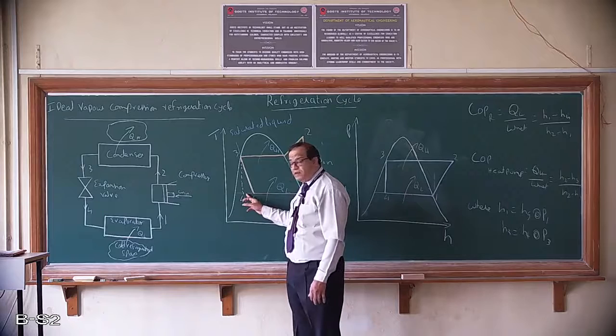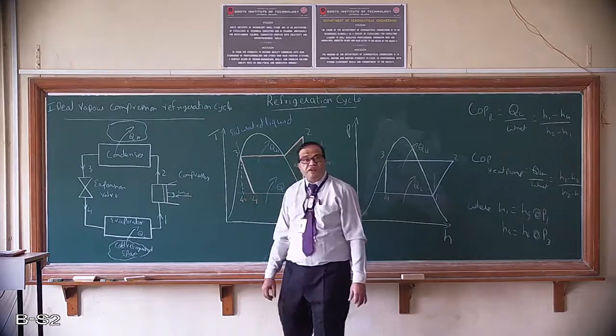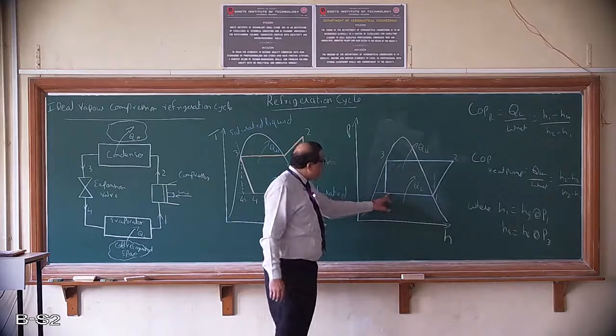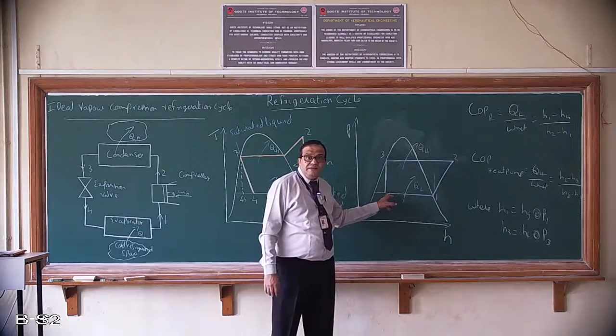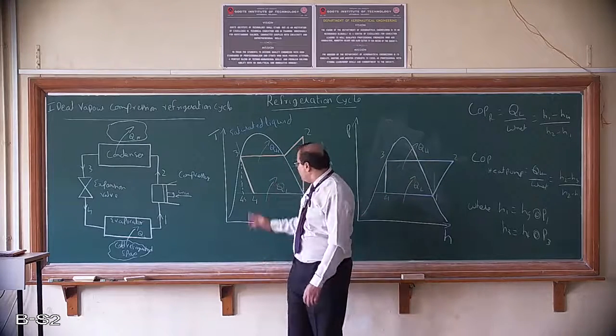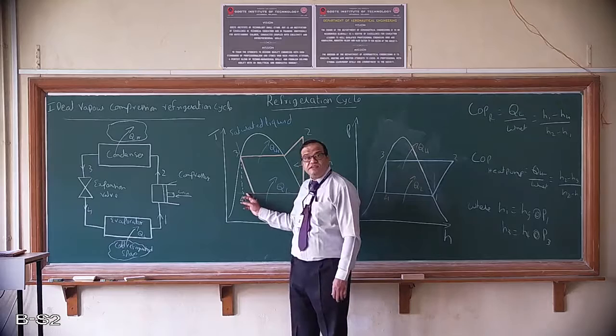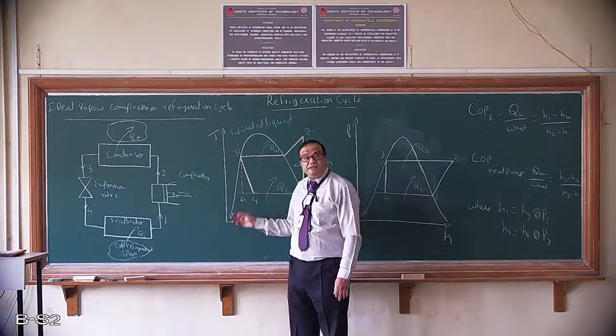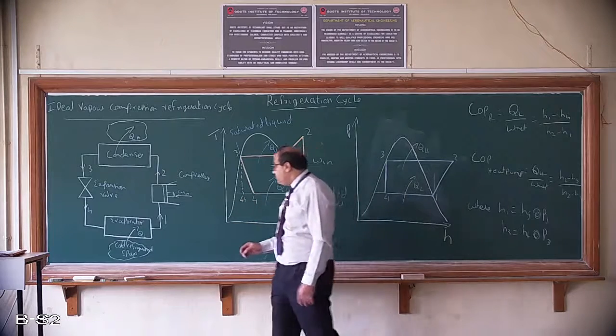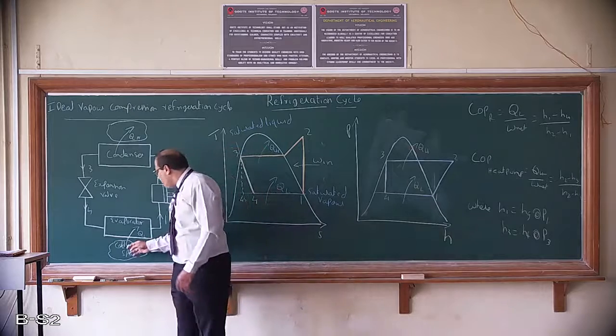There is a drop in temperature, and the pressure also drops to less than atmospheric, so that the temperature is less than that of the evaporator chamber, or the cold refrigerated space.